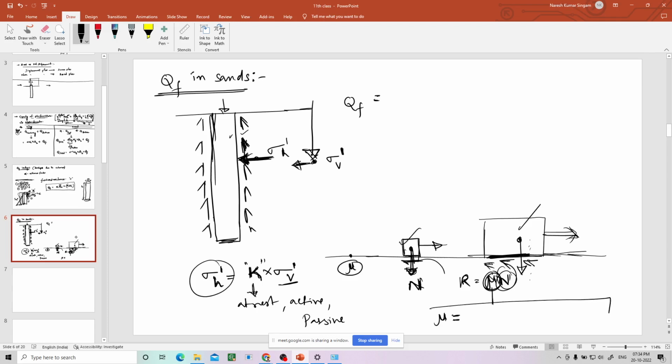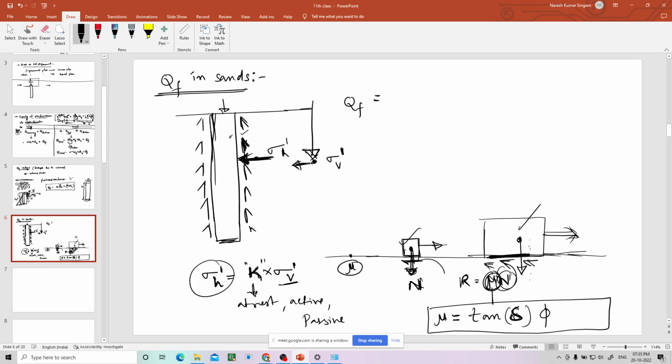Mu is the tangent of the friction angle between those two materials. You use phi when it is only within the soil, between two soil particles.